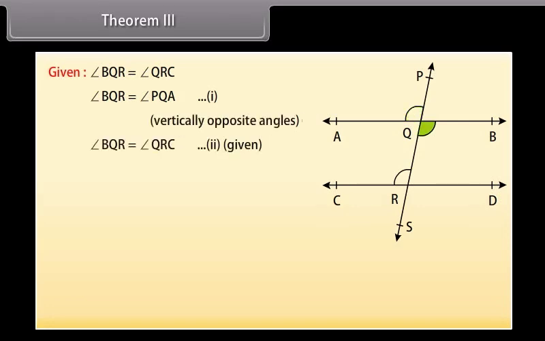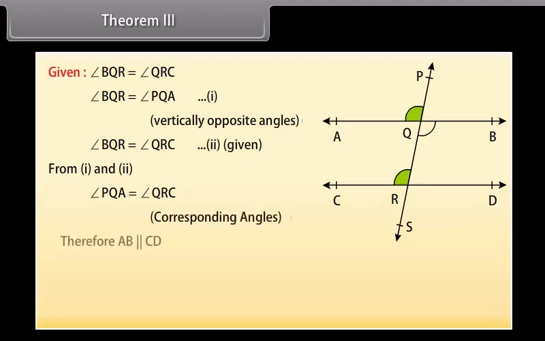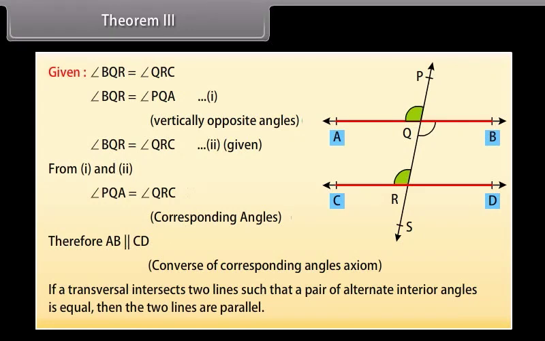But angle BQR is equal to angle QRC, given. Mark it as 2. So, from 1 and 2 you may conclude that angle PQA is equal to angle QRC. But they are corresponding angles. So AB is parallel to CD, by the converse of the corresponding angles axiom. This result can be stated as a theorem, which is: if a transversal intersects two lines such that a pair of alternate interior angles is equal, then the two lines are parallel.